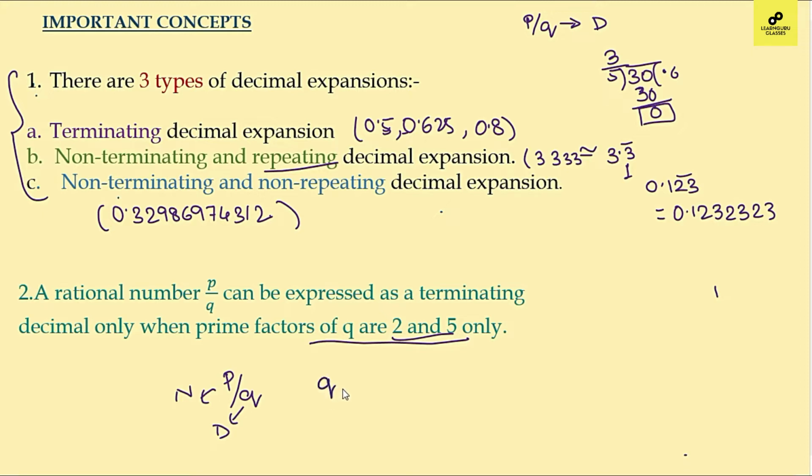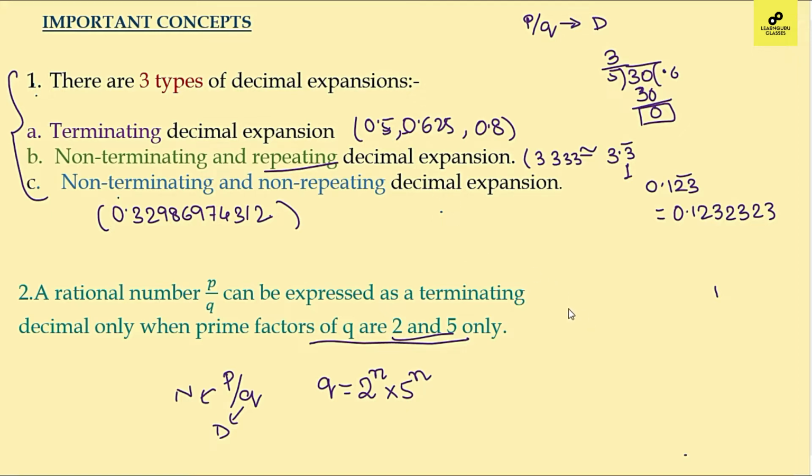If q can be expressed in the form 2 to the power of m into 5 to the power of n, then we can predict that yes, it is a terminating decimal expansion.